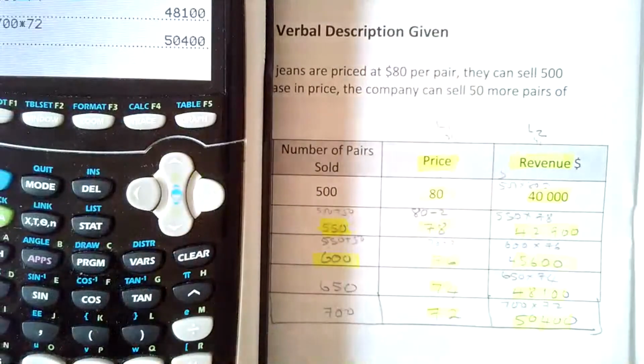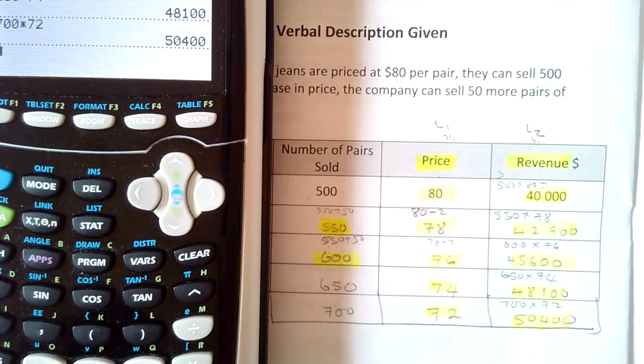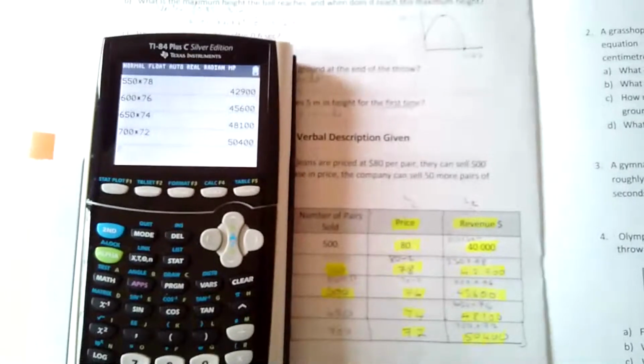So now I'm going to enter this. This is my L1, this is my L2. I'll zoom out so you can see what I'm doing.